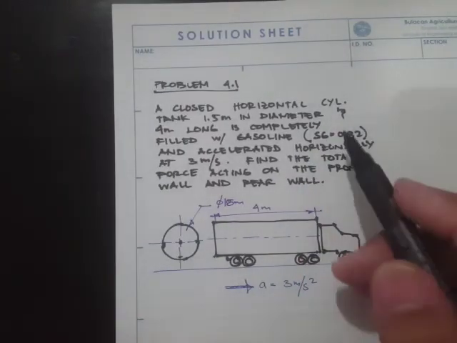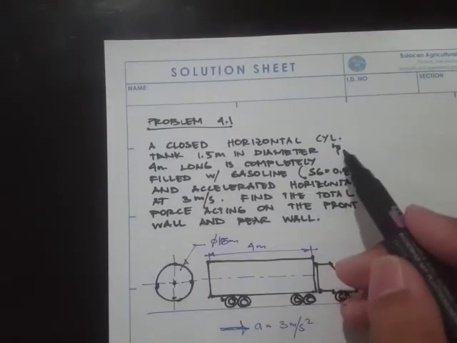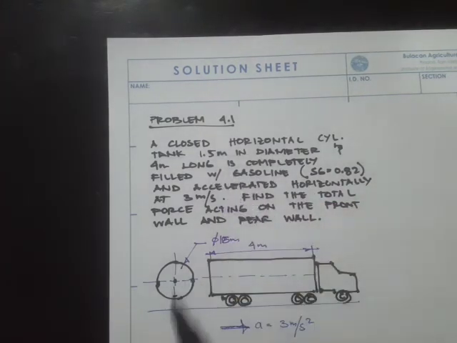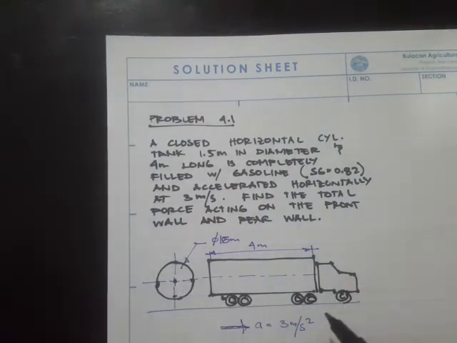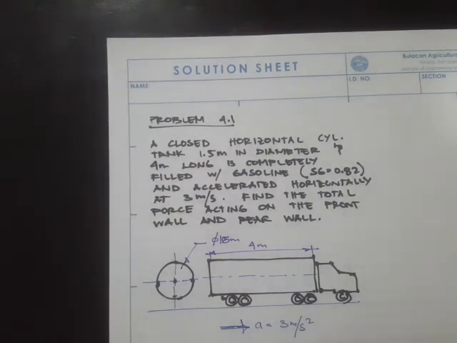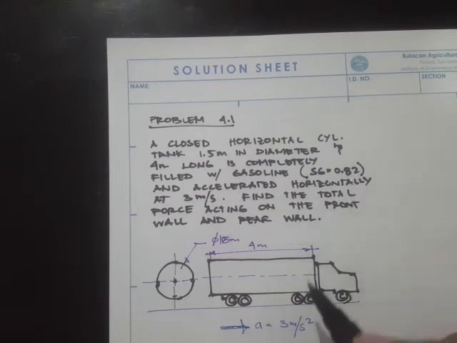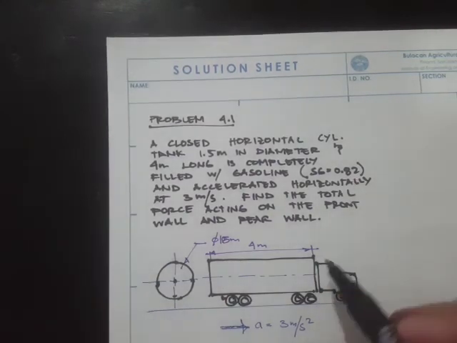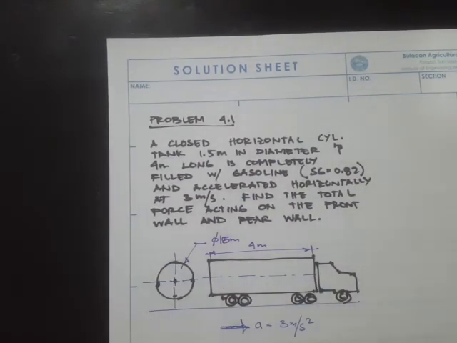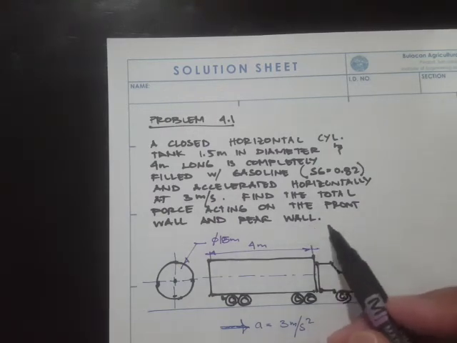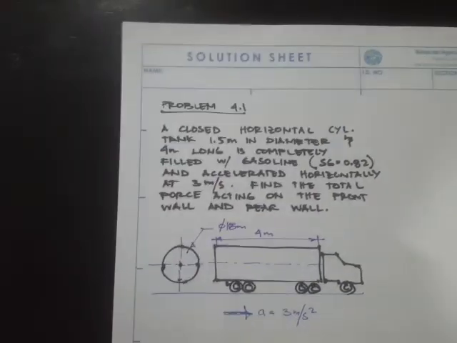A closed horizontal cylindrical tank, 1.5 meters in diameter and 4 meters long. So this is the diameter of the tank, and this is the length. It says that it is completely filled with gasoline with an SG of 0.82 and accelerated horizontally at 3 meters per second squared. Find the total force acting on the front wall and the rear wall.